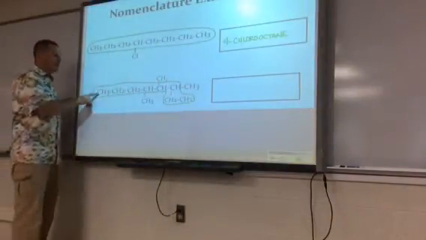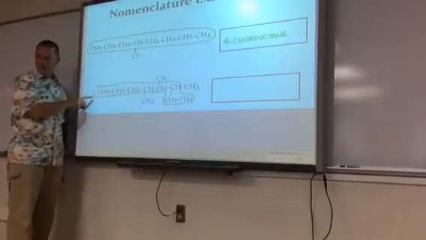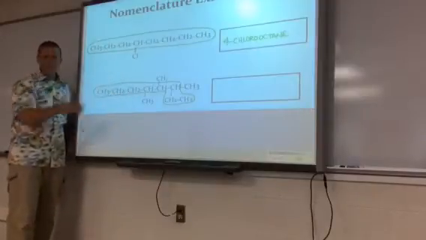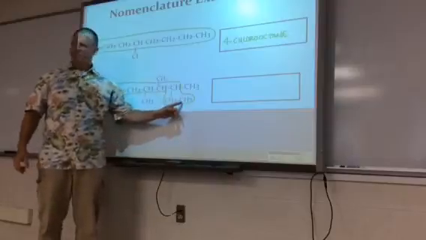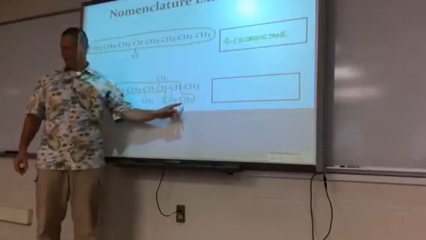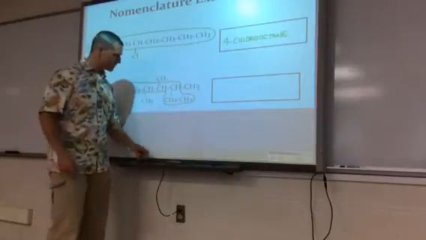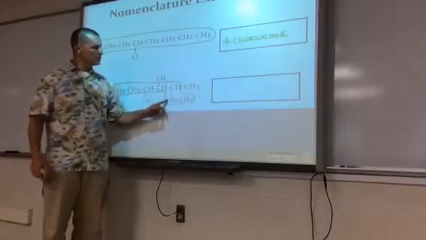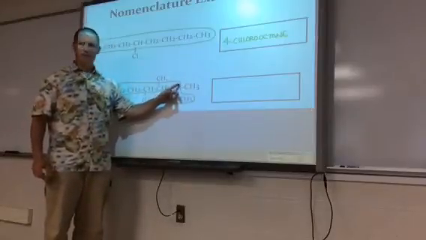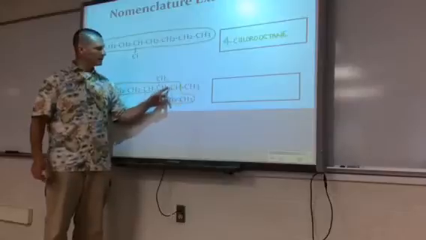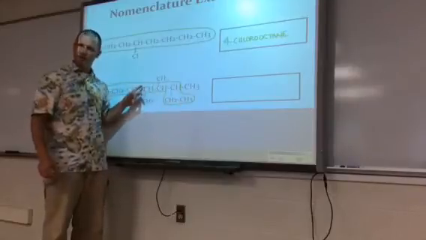And if I started with this carbon on the left as carbon number 1, they're going to be high numbers. I think we're going to start with this carbon over here to number where the functional groups are. So this is carbon number 1, 2, and 3. So there's a methyl group on carbon number 3 on the parent, a methyl group on carbon number 4, and a methyl group on carbon number 5.